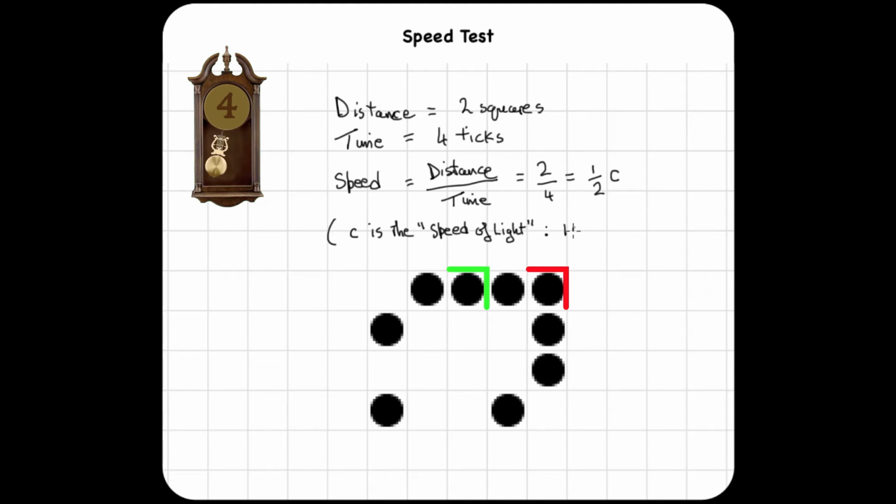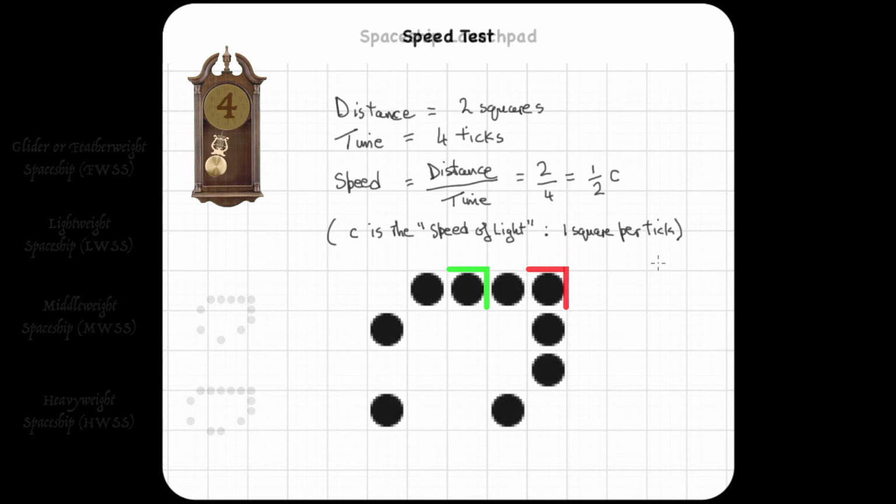So if you think about it, 1 square per tick would be a theoretical maximum. So anyway, this middleweight spaceship has a speed that's 1/2 the speed of light, a half c.